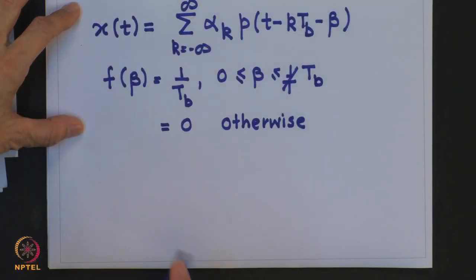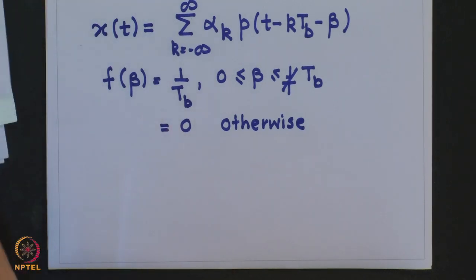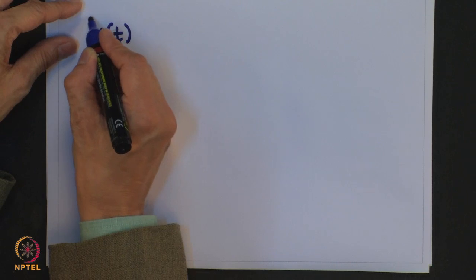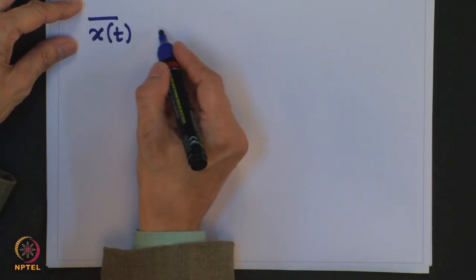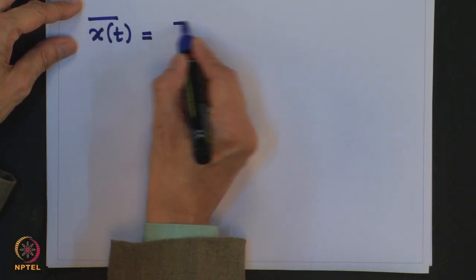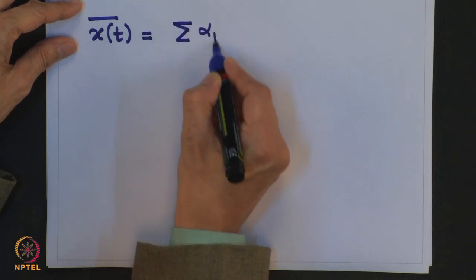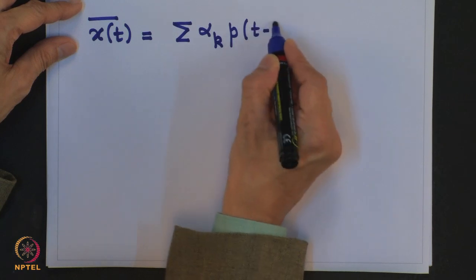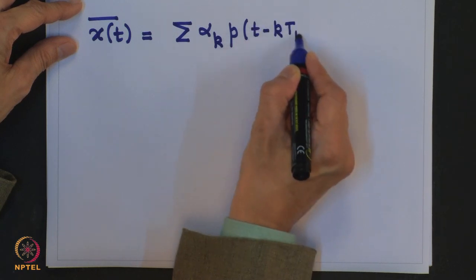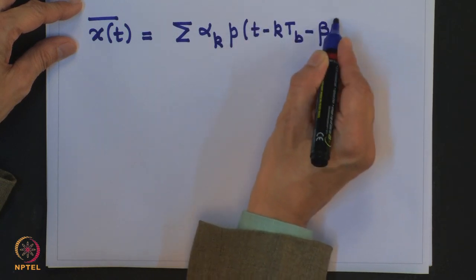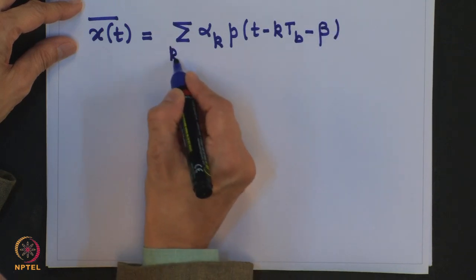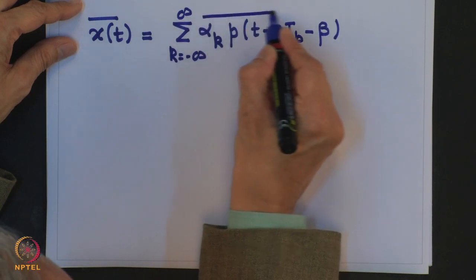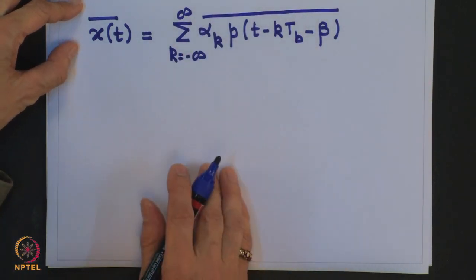random process. So, to do that, we will evaluate this quantity, where the bar denotes the expected value.